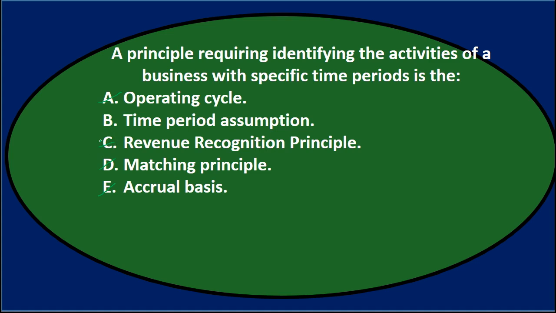Obviously we can't pick all of them, so possibly none of them. That could be grounds to eliminate them, in other words. And we're going to be left then with the B, time period assumption. So we're going to say B is the answer. If we read this once again, we have a principle requiring identifying the activities of a business with specific time periods is the time period assumption principle.